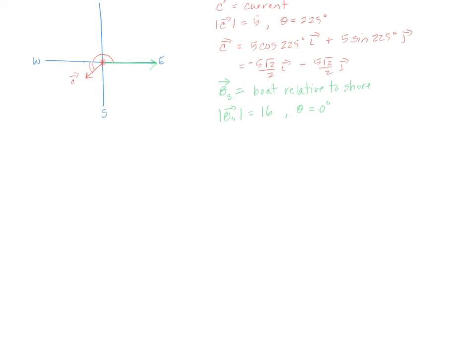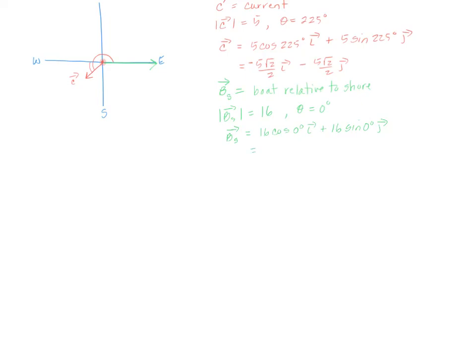If I were going to write my vector of the boat relative to the shore, it's just going to be 16 cosine of 0 degrees i plus 16 sine of 0 degrees j.